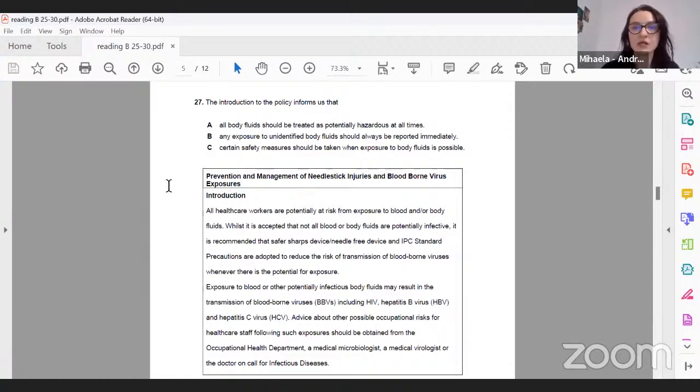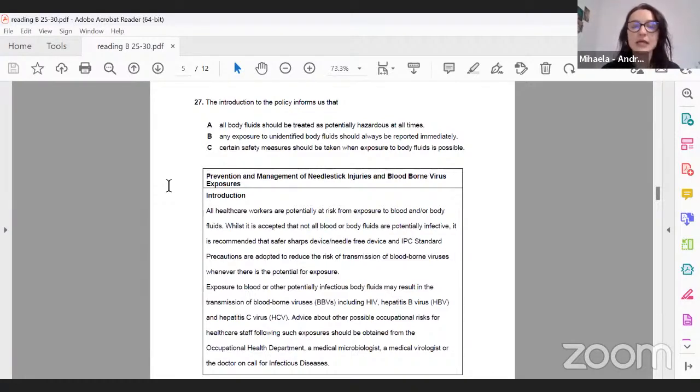So we have precautions in the text, which means safety measures. In option C, exposure to body fluids, we have a potential for exposure. Safety measures also relates to precautions to reduce the risk.